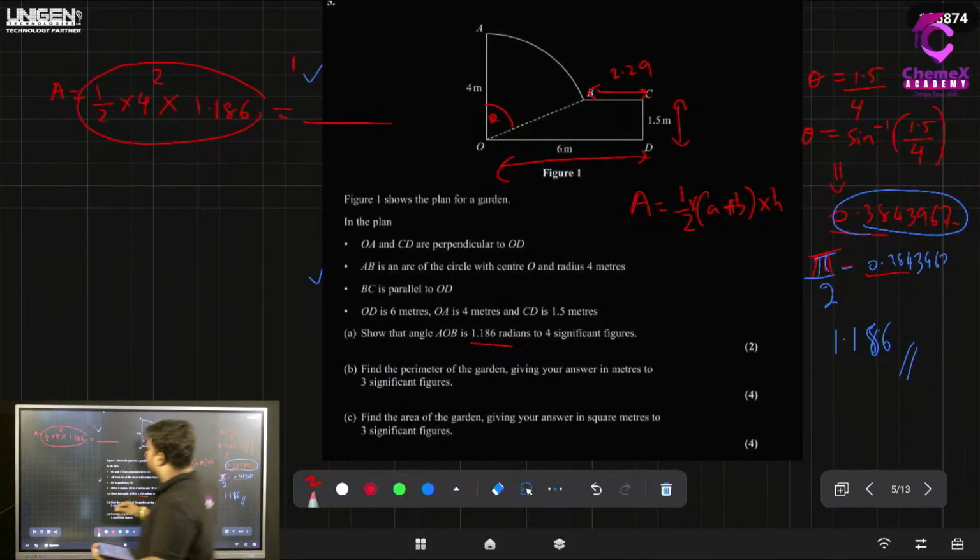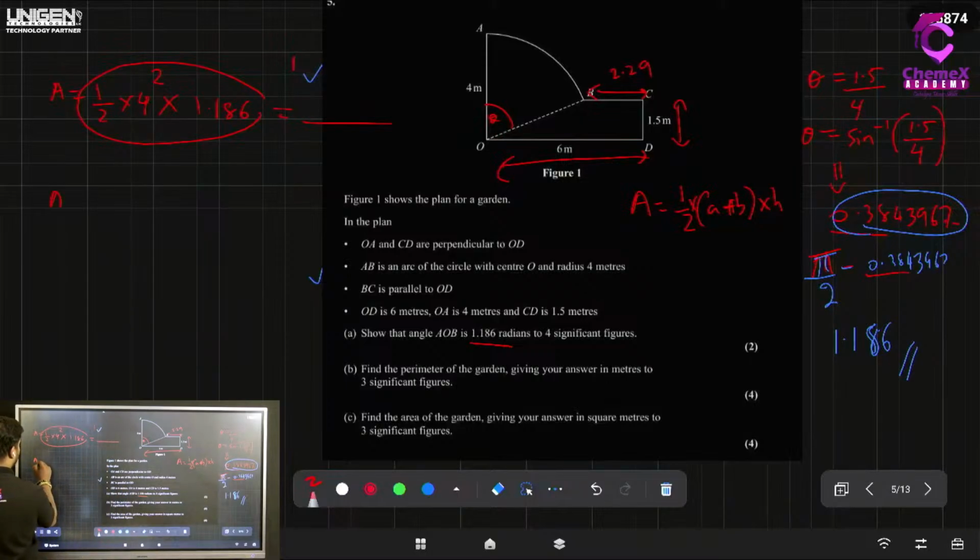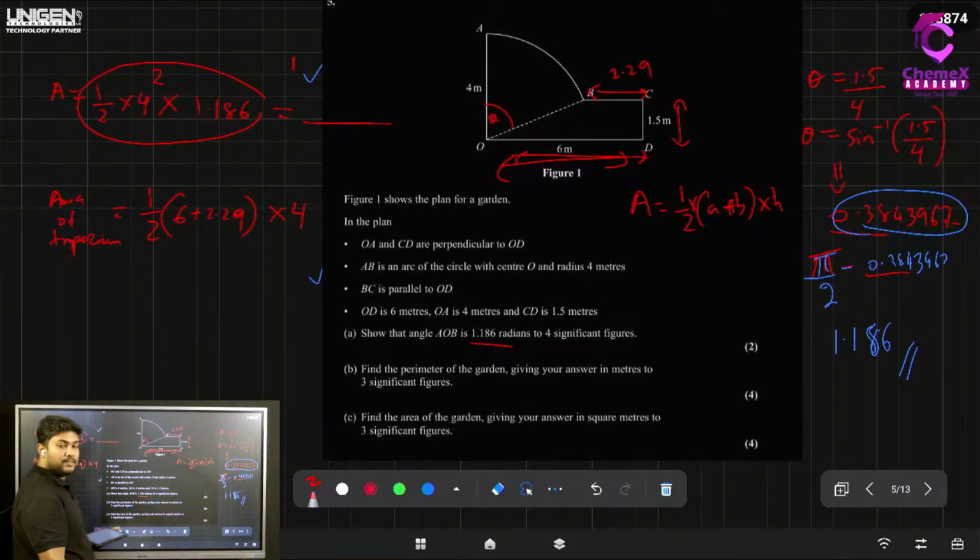So area of the trapezium equals half into, the two parallel sides are 6 and 2.29, so 6 plus 2.29, into 4. Any doubts with that?